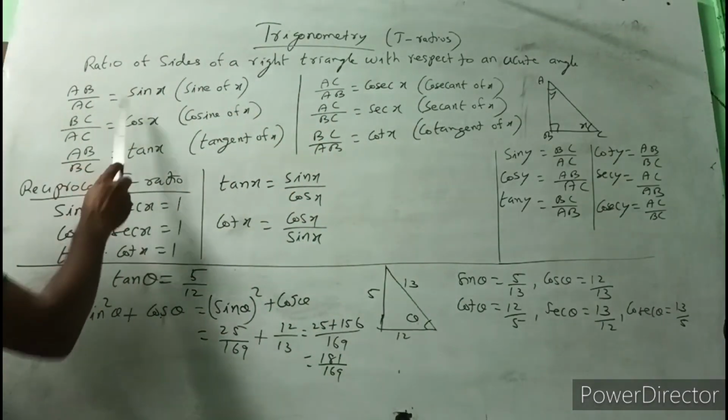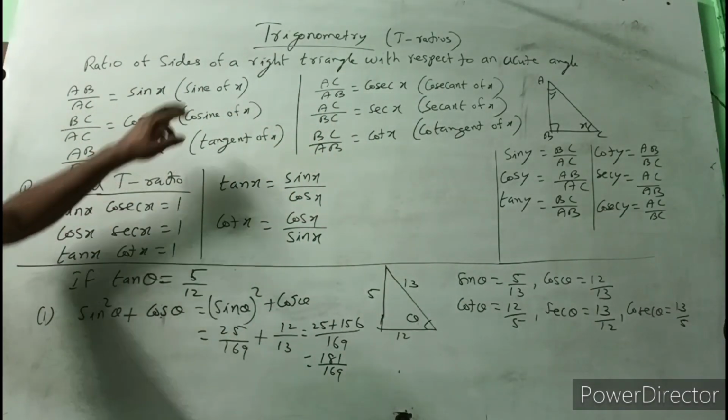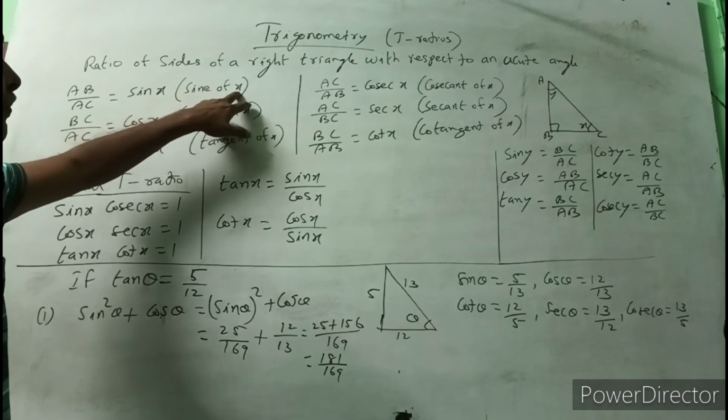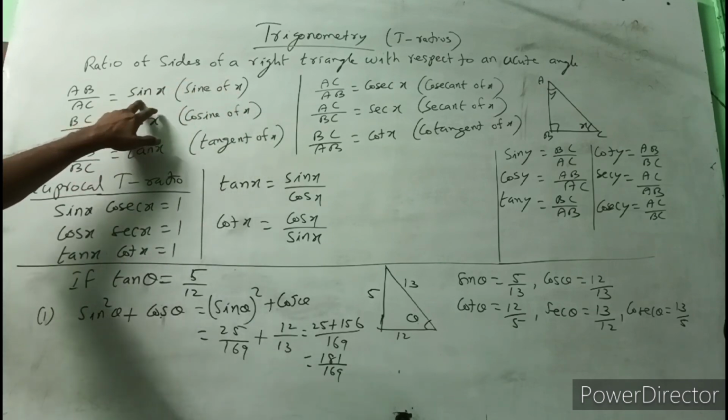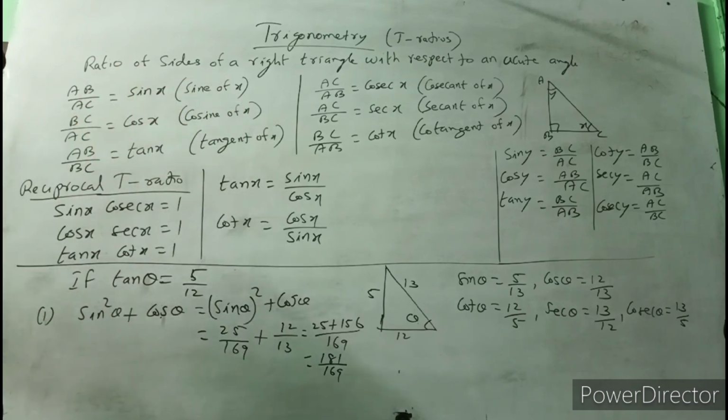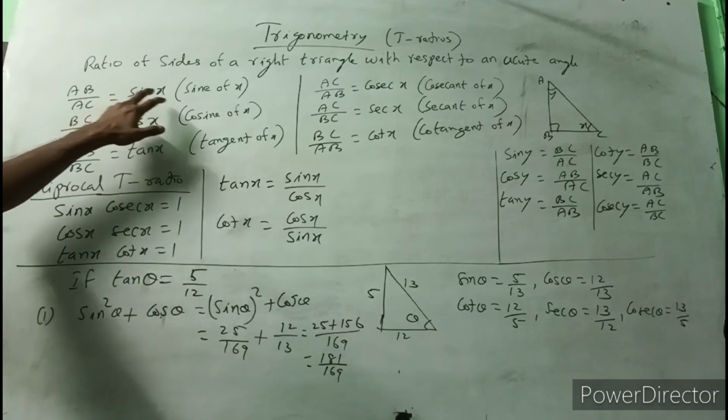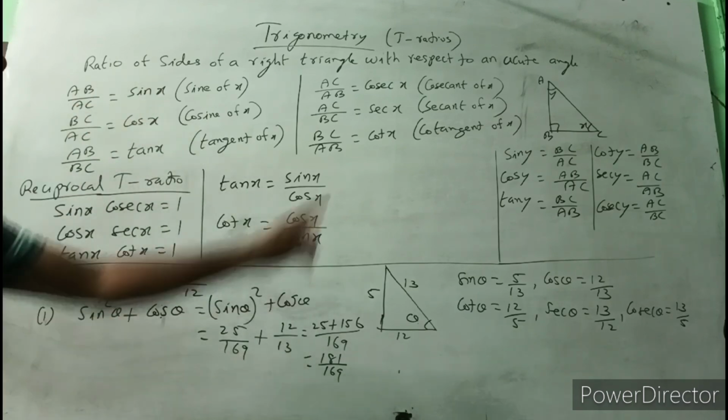It is called the sine of X, and we write it in short as sin X. It is sine followed by the acute angle.